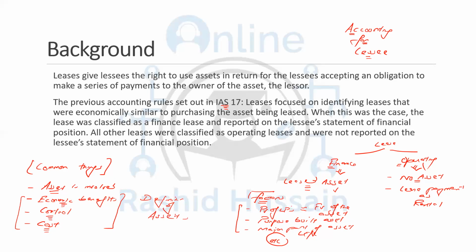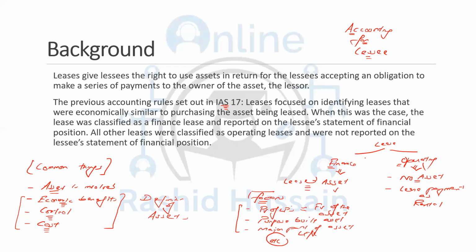The asset definition says that an asset is a resource controlled by the entity from which future economic benefits are probable to flow to the entity. There's control and the cost can be reliably measured. So all of the criteria are being met.